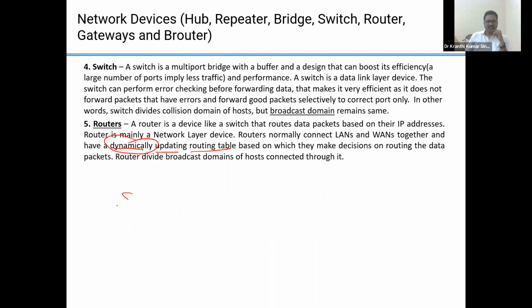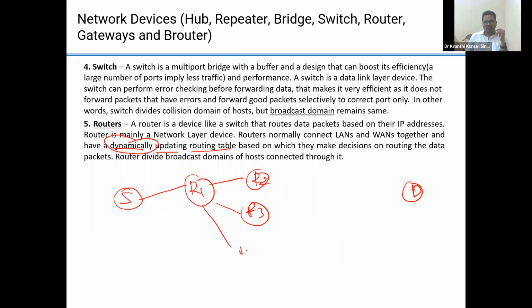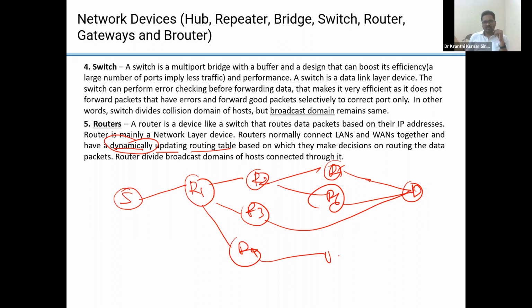That means we have a source device and a destination device, and we are sending the packets through router 1, and router 1 is connected to router 2 and router 3. Multiple routers are there in real life. Router 4 and router 2 connected to router 5 and router 6, and router 5 connected to others, and for example router 9. In this context, the sender has a packet 1.